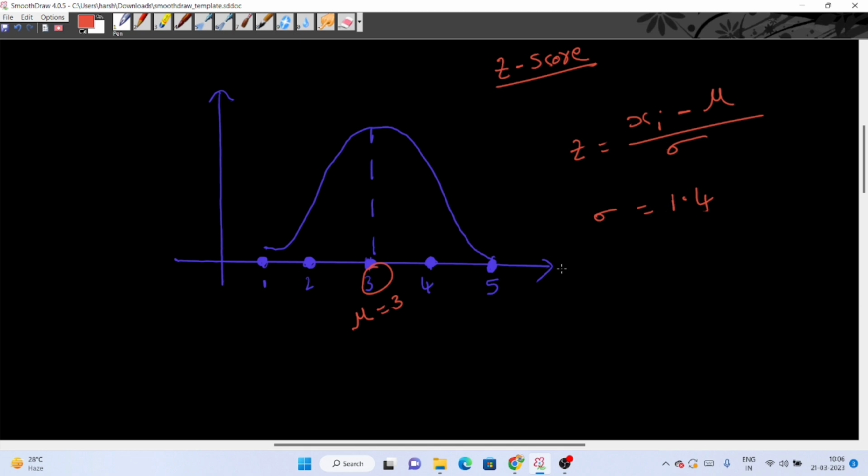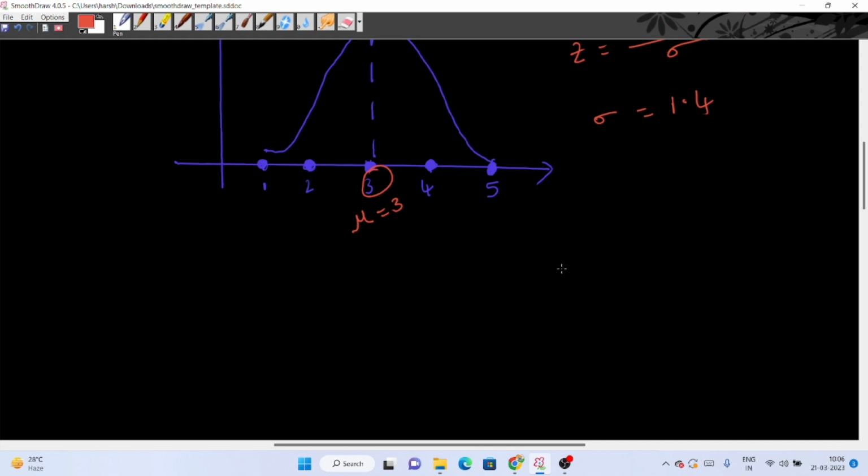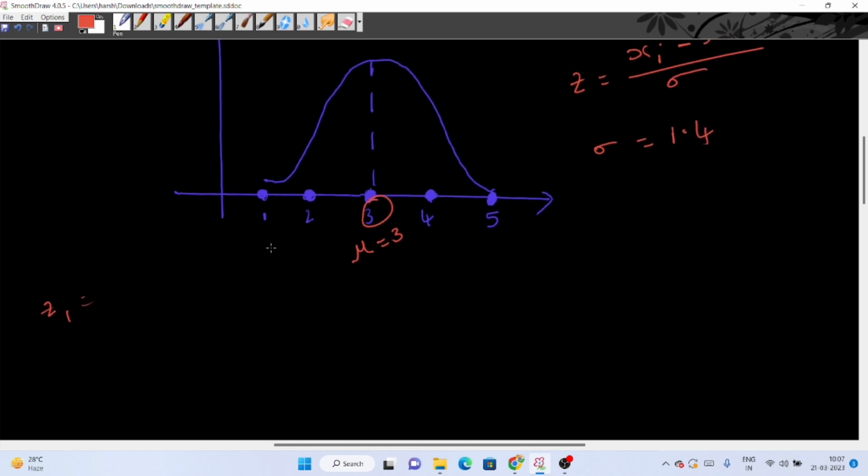Now let me find out the z-score for every point, that means 1, 2, 3, 4 and 5. For the first one, z of 1, that means for this point, I get xi minus mu. Here xi is 1 minus 3, because mu is 3, divided by 1.4, that equals minus 2 divided by 1.4, which implies minus 1.42.